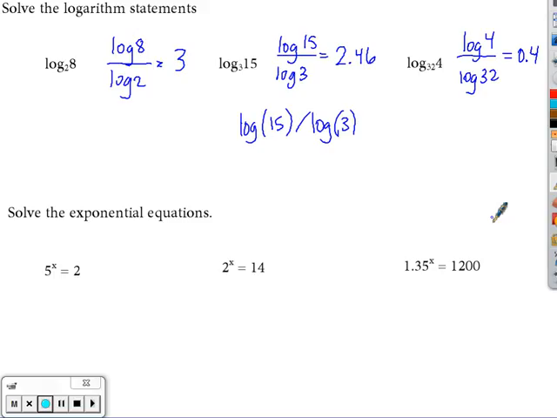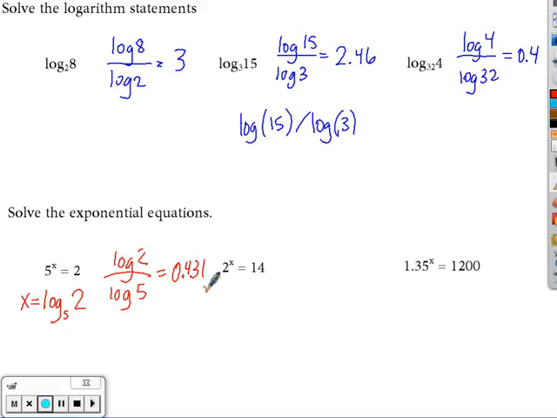If we have an exponential equation, again, we have two options. We can convert it to a log first, log base 5 of 2, or you can skip right to log of 2 divided by log of 5, because you remember that the base 5 always goes in the bottom of the fraction. So log of 2 divided by log of 5 gives us 0.431.